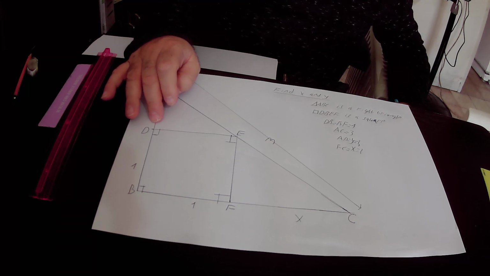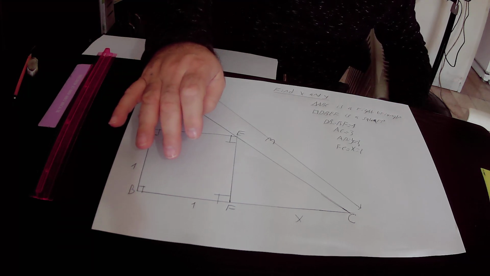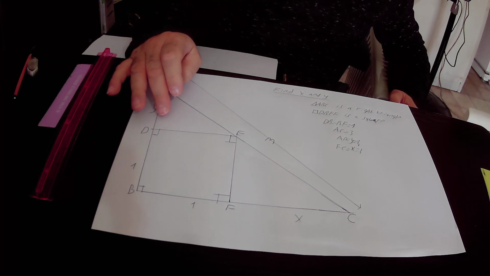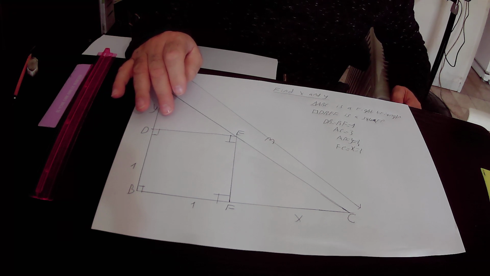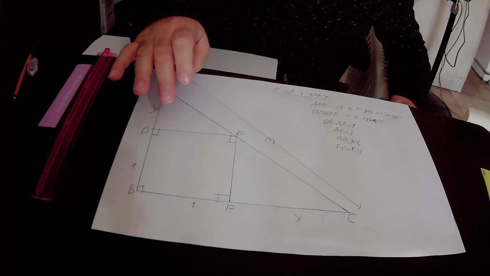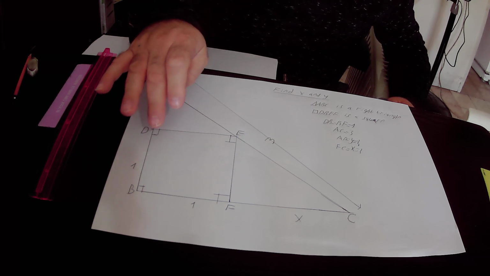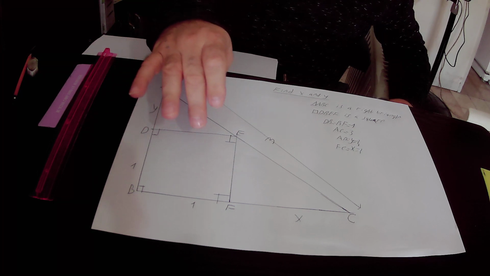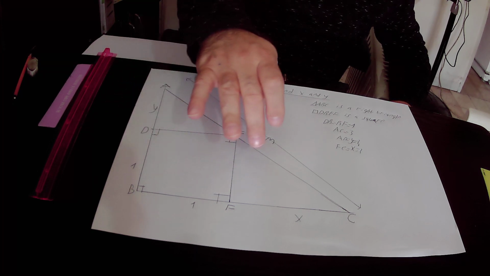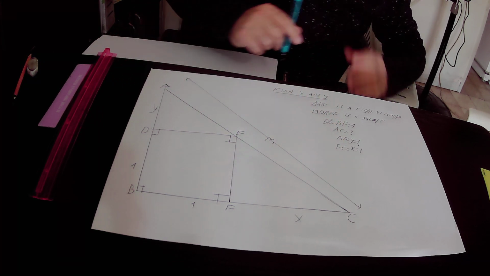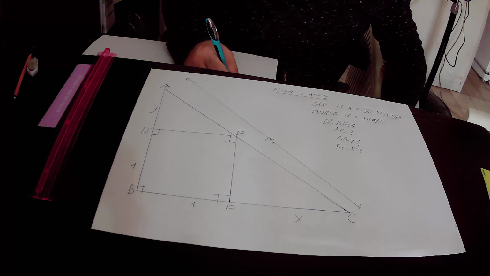Therefore BC, that is a straight line, must also be parallel to DE, because if a part of a straight line is parallel to another straight line, then the straight line itself must also be parallel to it. So we found out that BC is parallel to DE.